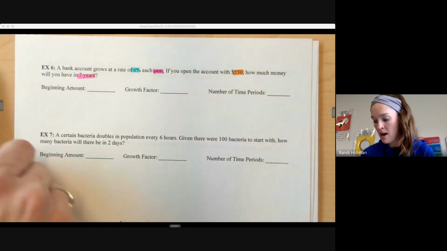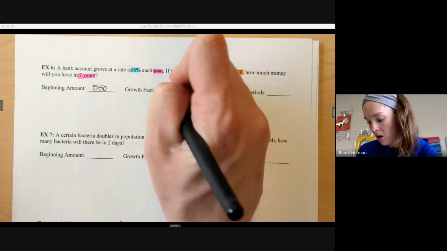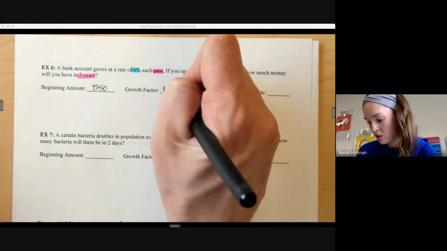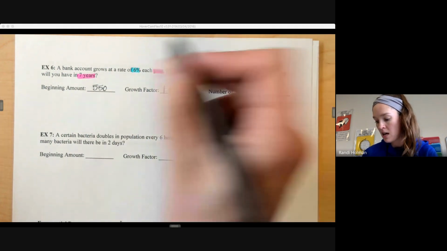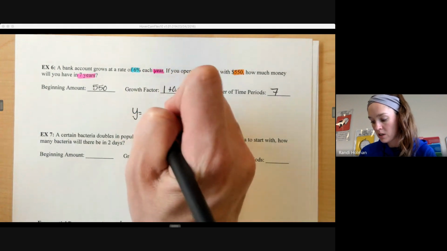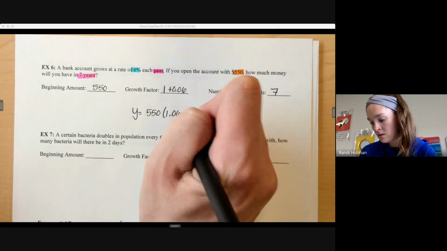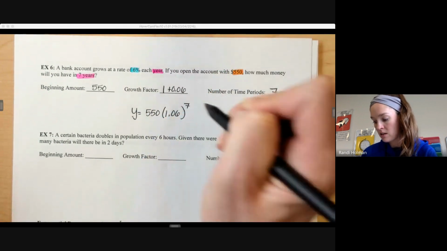Okay, so our beginning amount, $550. We keep all of that 550 plus an additional 6%. And we're checking where it is after 7 years. So y equals our starting amount, growth factor, to the 7 years.